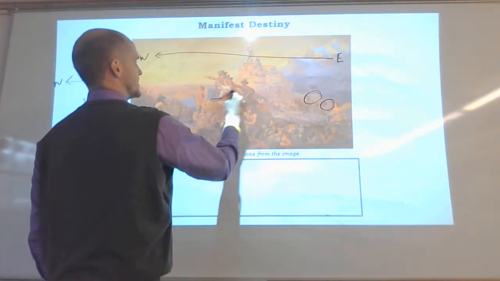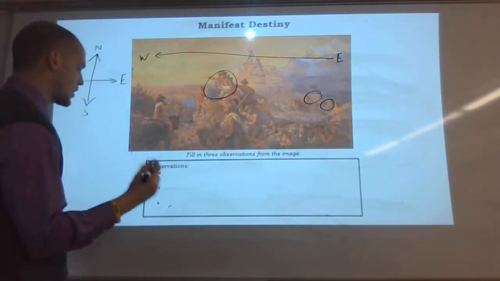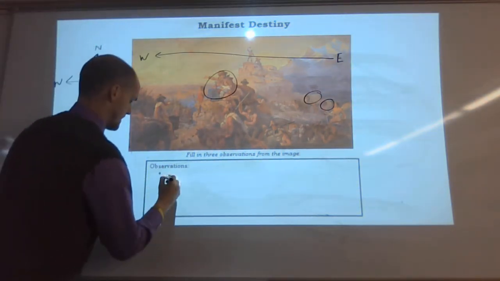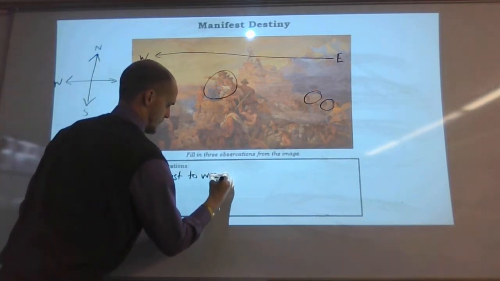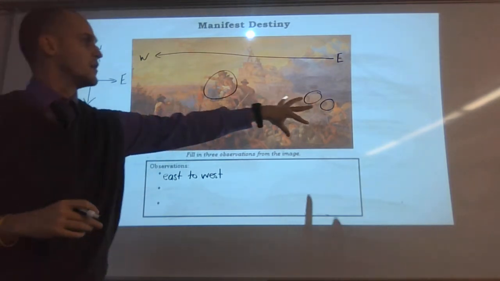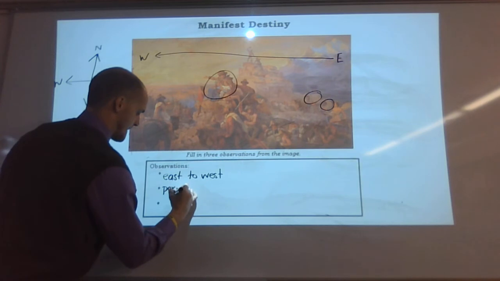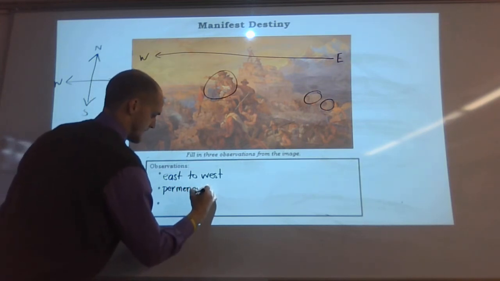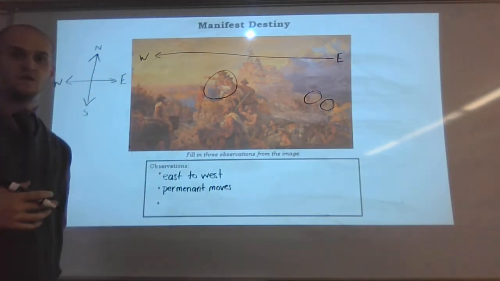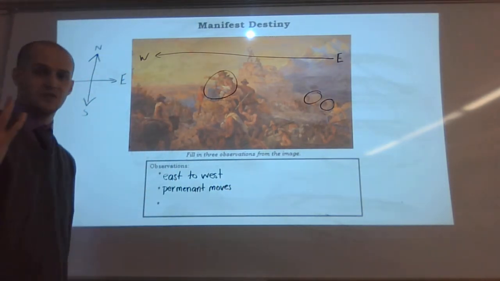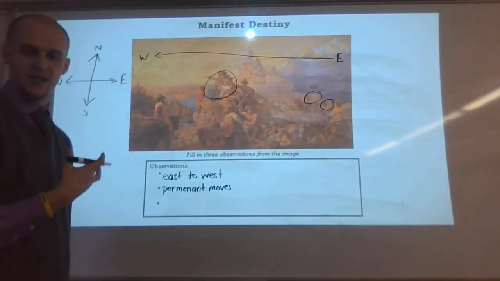It's whole families, men, women, and children. You can see that these are permanent moves. These aren't temporary. They aren't just visiting or traveling for fun. They are permanently moving and settling in these regions.